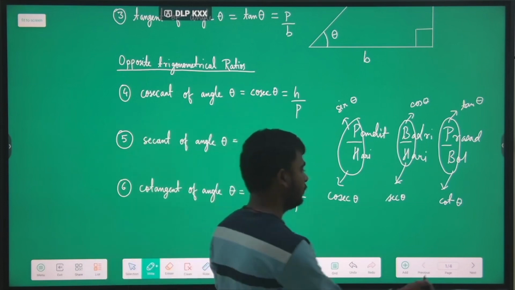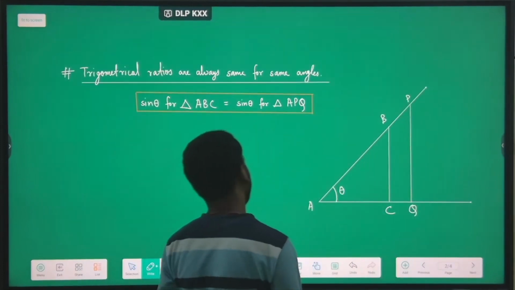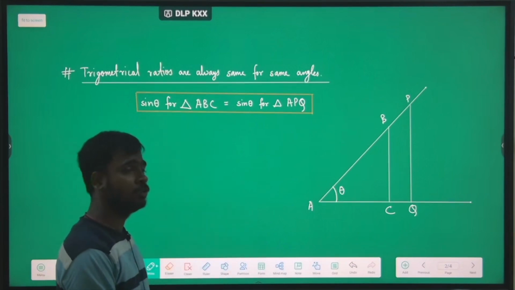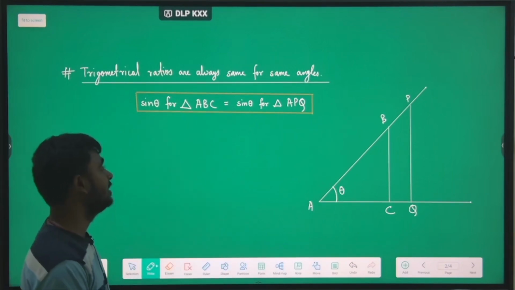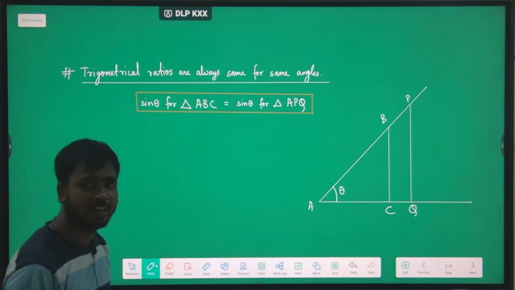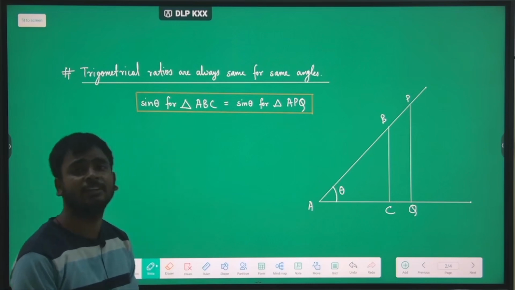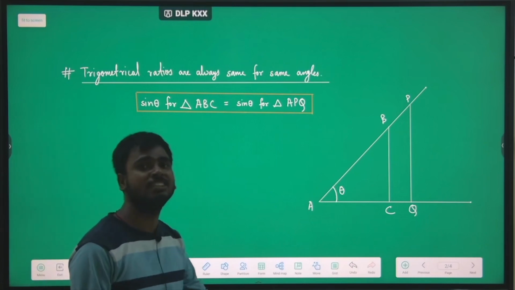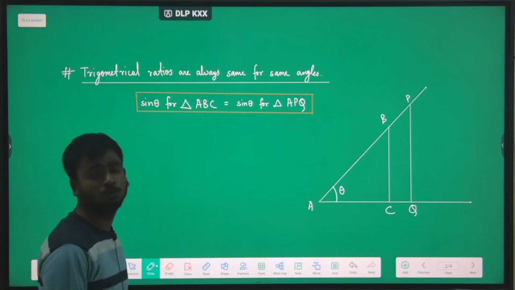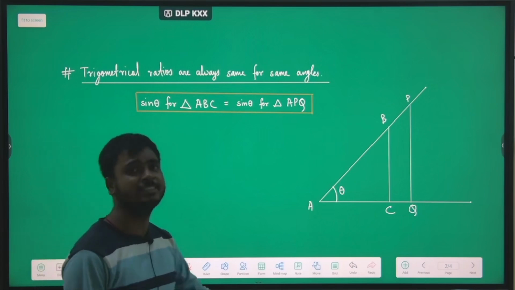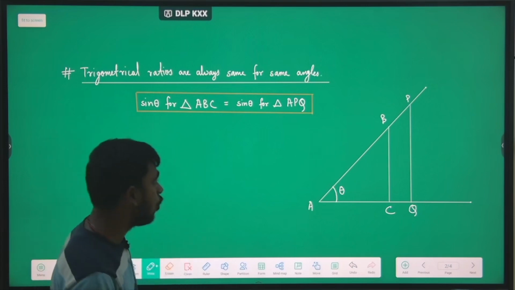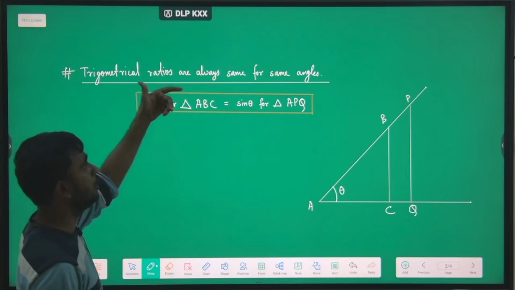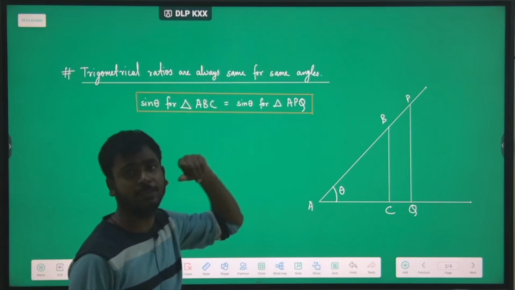Okay, now we will move to our next part. What is our next part? Whatever trigonometrical ratios we have, whether it is sine, cosine, tangent, cotangent, cosecant or secant of angle theta, in all situations the trigonometrical ratios will always be the same for the same angles.